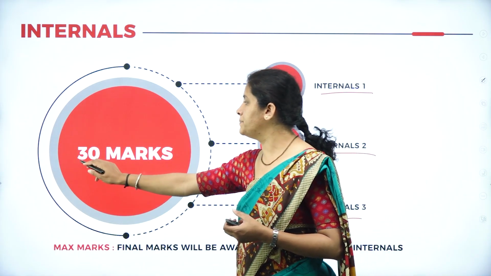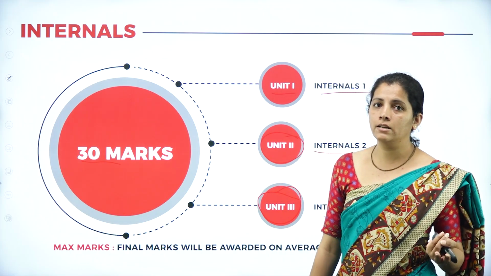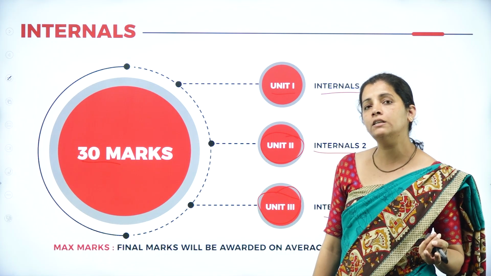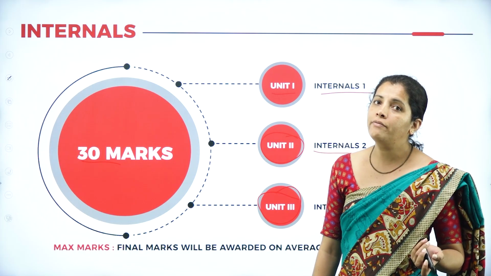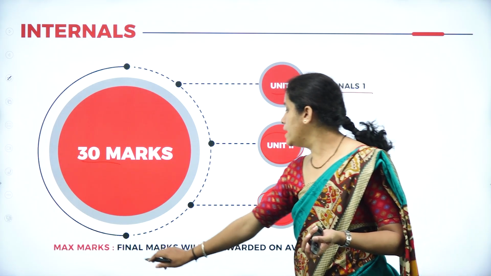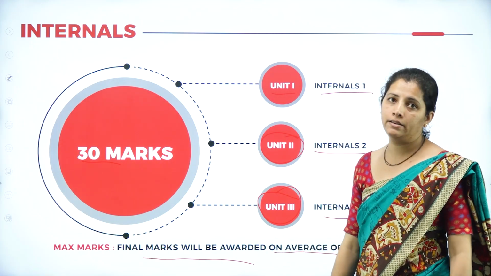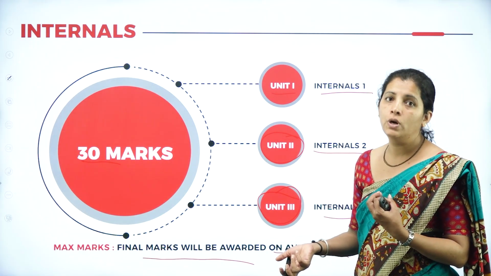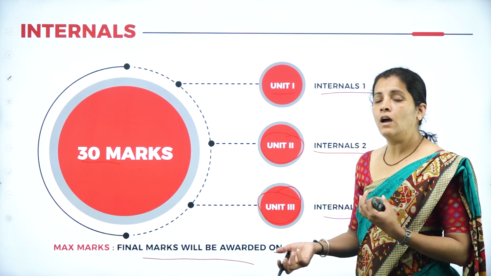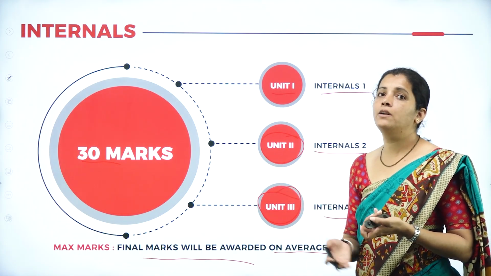Only 30 marks. How many internals? 3 internals. What is the weightage of each internal? 30 marks. While finalizing, the final marks will be awarded on the average of 3 internals. So add all the marks, then divide by 3, and that is your final marks.